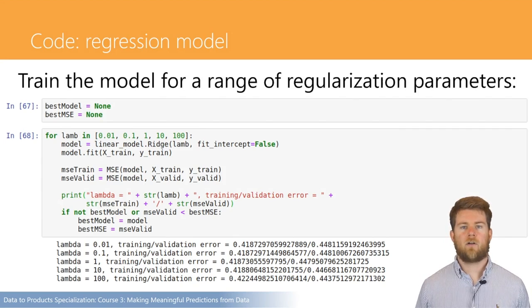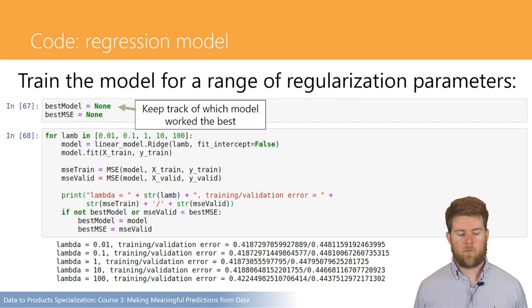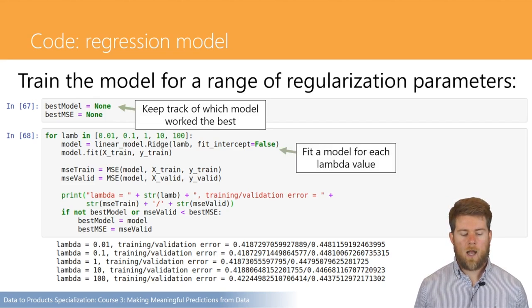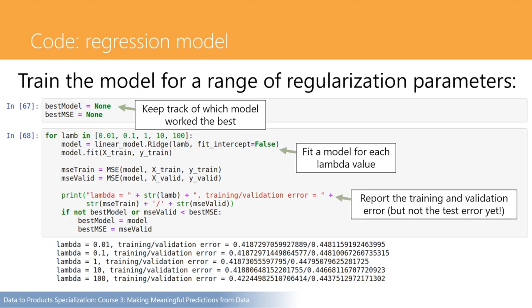Okay, and this is really the code that corresponds to our training and validation pipeline. So we're going to train the model for a bunch of different regularization parameters. The first thing we do is just keep track of which model has actually worked the best as we go along. And then as we iterate through the different values of lambda, in this case by powers of 10, we just fit a model for each lambda value.